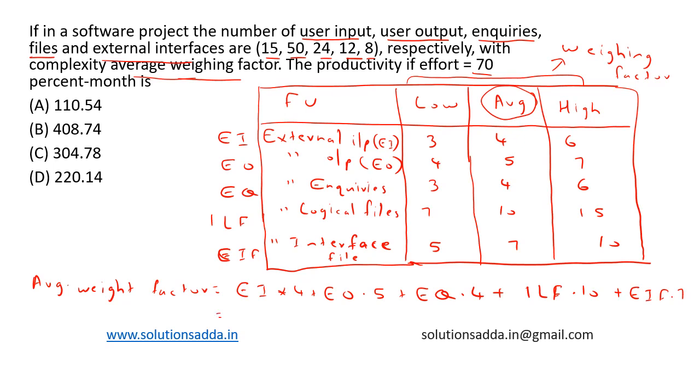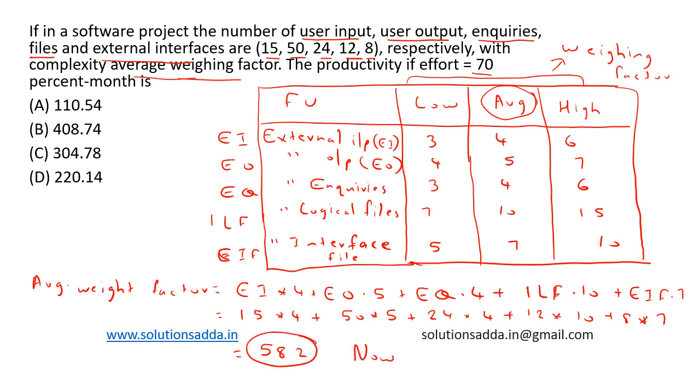So this will be 15 into 4 plus 50 into 5 plus 24 into 4 plus 12 into 10 plus 8 into 7. Solving this, we will get 582.